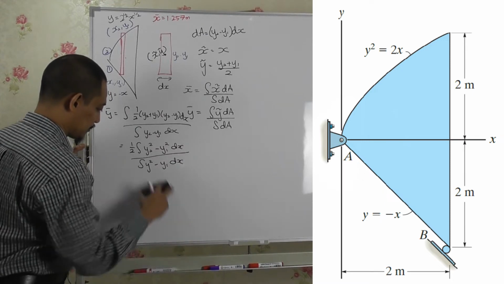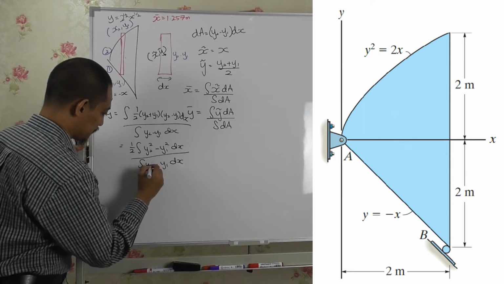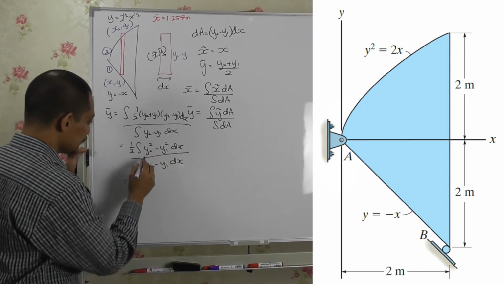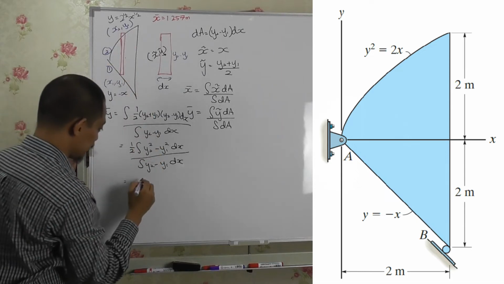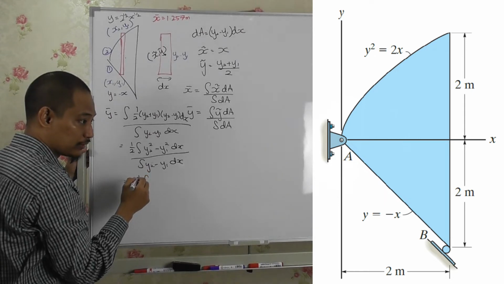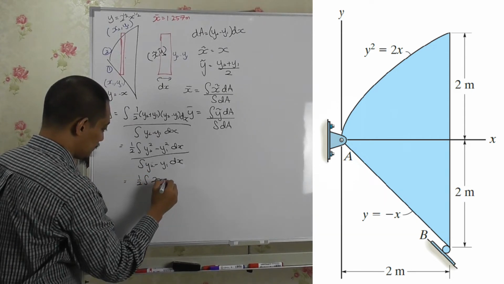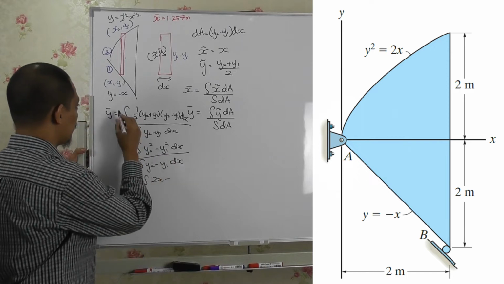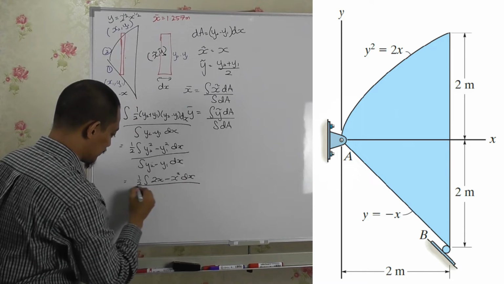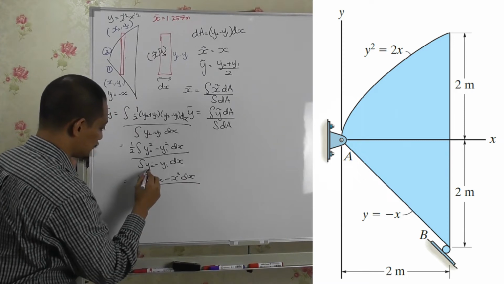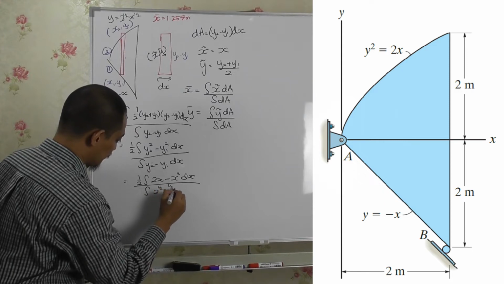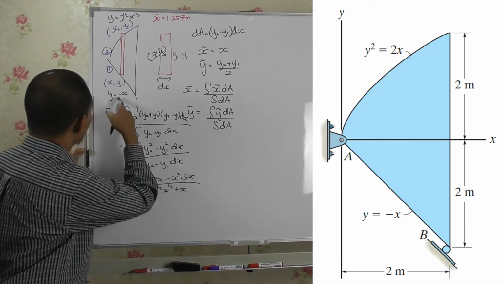So plug in all these things: half integration of y2 squared is 2x minus x square, dx, over integration of what we had before, 2 power of half x power of half plus x.